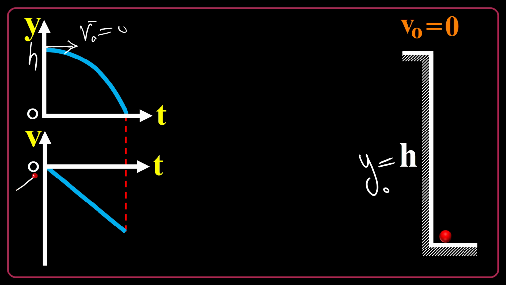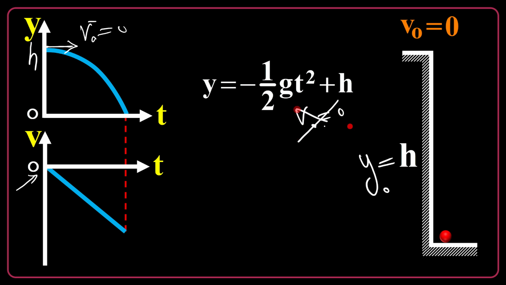Also here you see that the v-t graph starts from 0. Always the velocity will be negative, and y(t) is written as negative a half of g t squared plus h. V naught here is 0, so we don't write it anymore. And v is negative g t. Again, v naught eliminated.